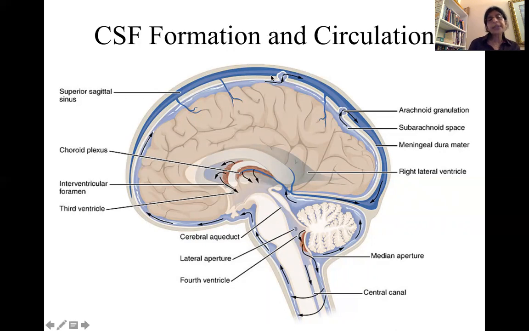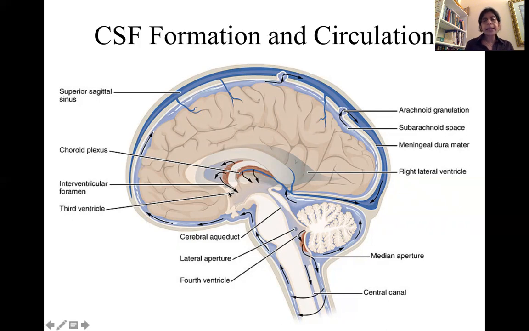So if you recognize the meninges, now let's talk about the cavities that we have in the brain and in the spinal cord. The spaces or cavities that you find in the brain are called the ventricles. The ventricles are shown here.